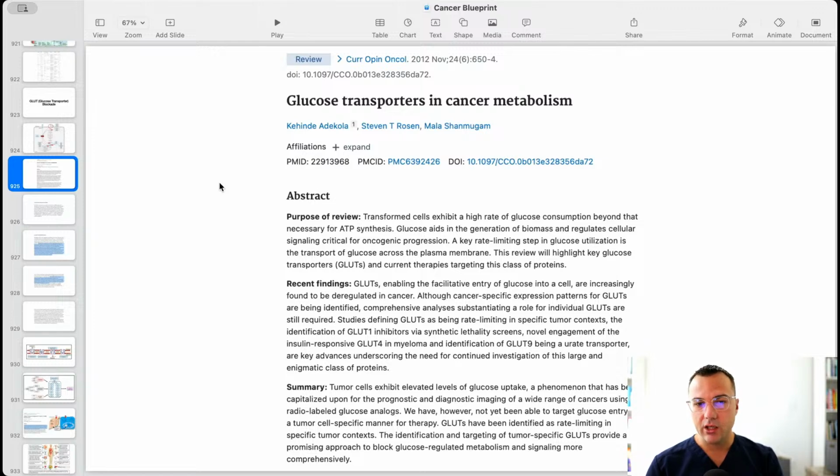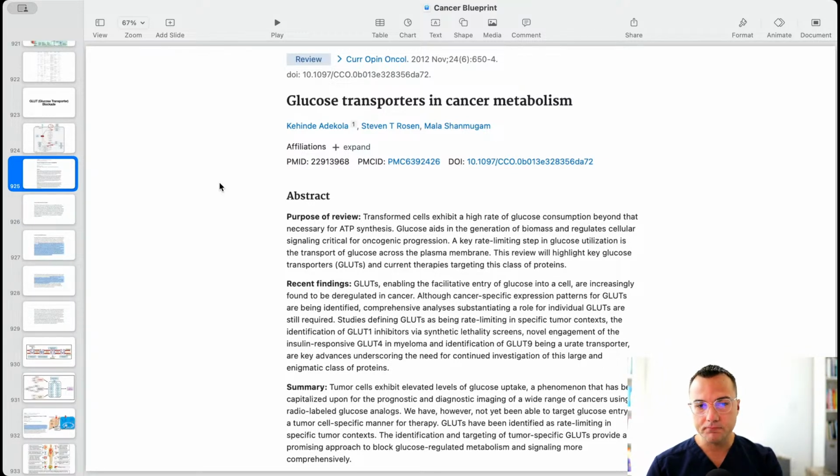Studies defining GLUTs as rate limiting in specific tumor contexts, the identification of GLUT1 inhibitors via synthetic lethality screens, novel engagement of insulin responsive GLUT4 in myeloma, and identification of GLUT9 as a urate transporter are key advances, underscoring the need for continued investigation of this large and enigmatic class of proteins.